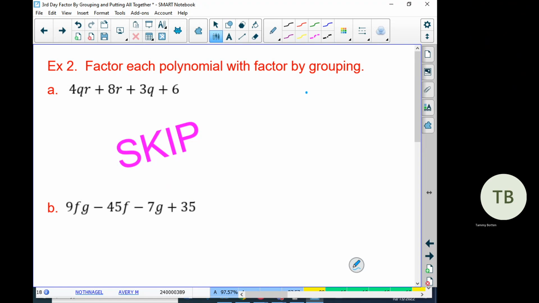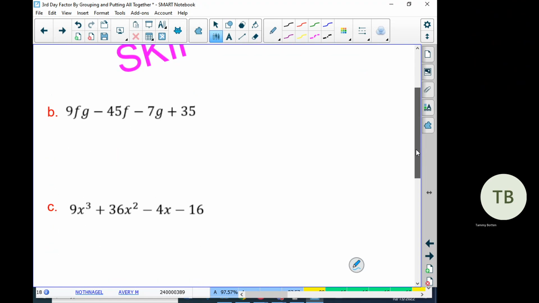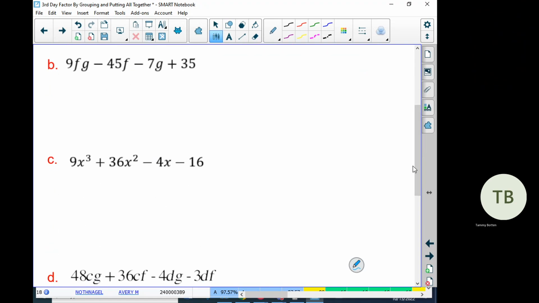So now if we go to this one, I'll show you what happens when you have a negative sign in the third term. It's not a lot harder, but it's a little bit different. Okay. So when you're looking at this, I'd take a 9 out as well as an F out.